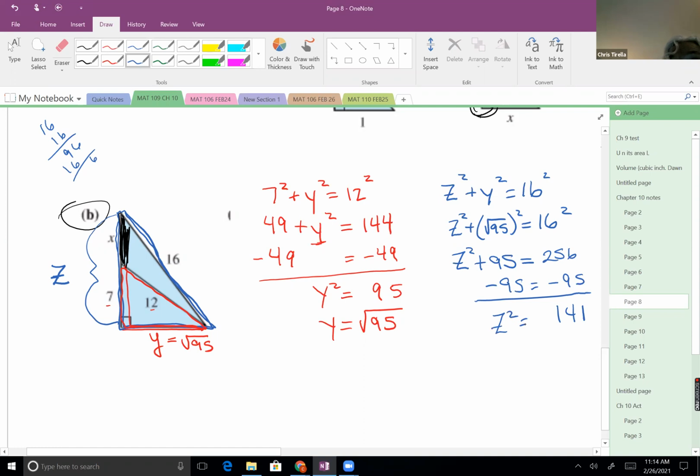So Z squared is, did I subtract right there? That should be 161, shouldn't it? I apologize. This is 256, right? Yep. 6 minus 5 is 1. 25 minus 9 is 16. Oh, sorry. So Z is the square root of 161. And so X would be the square root of 161 minus 7.